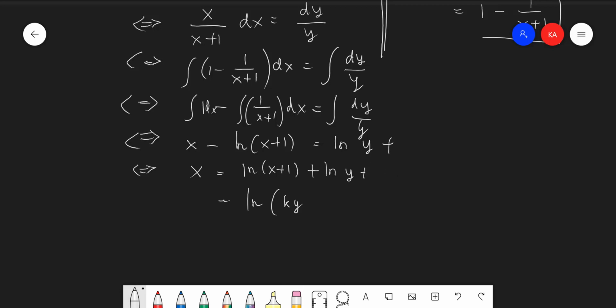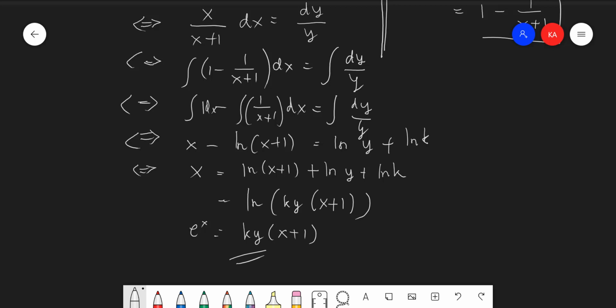It must be ln k, so ln of ky times x plus 1. So we get that e to the x is equal to ky times x plus 1, like this one.